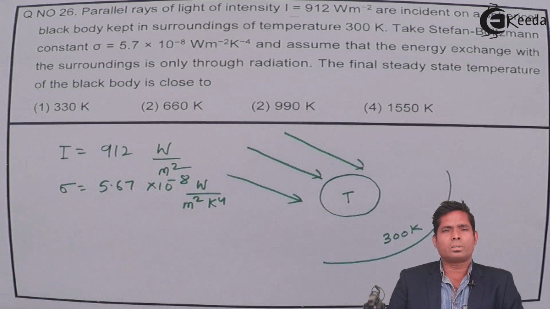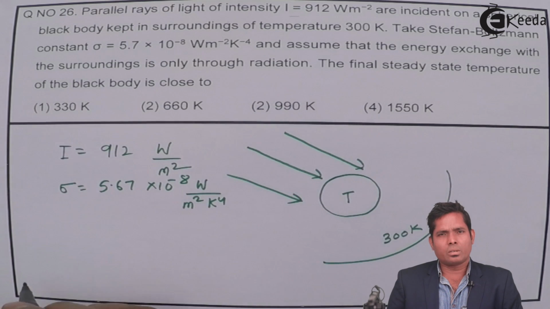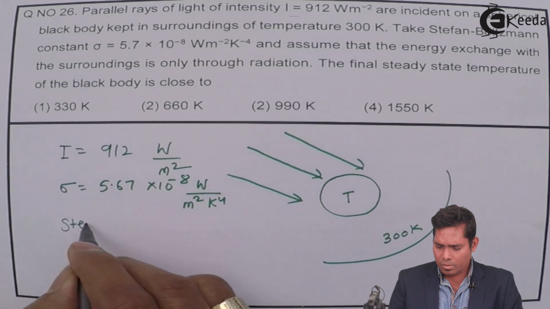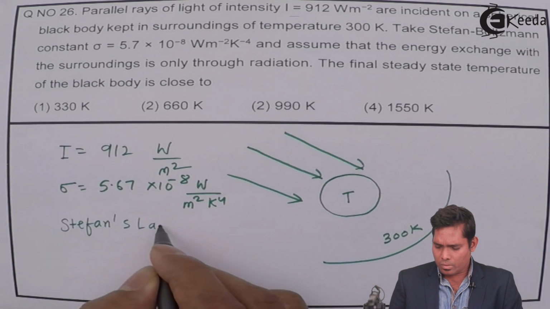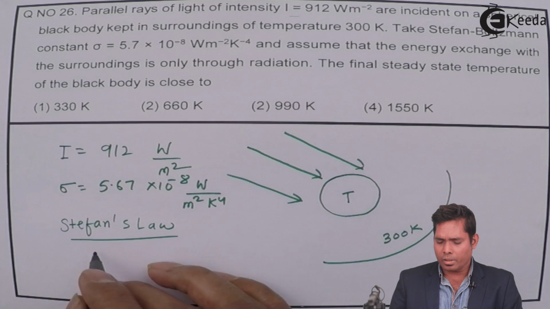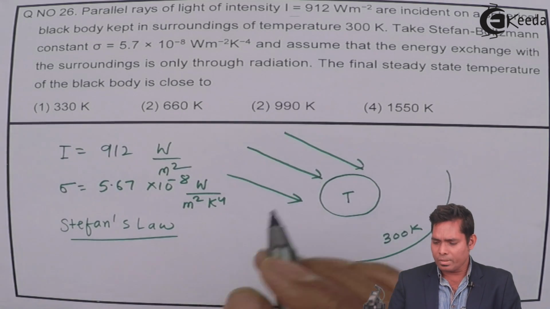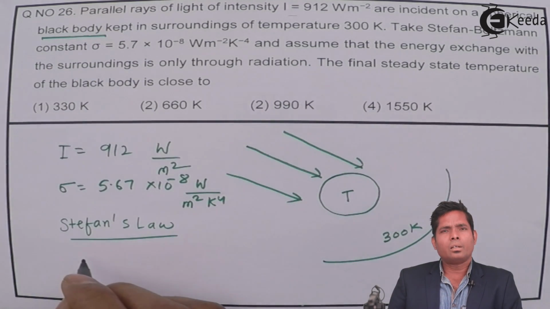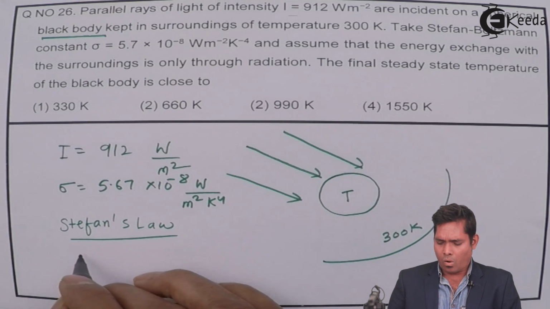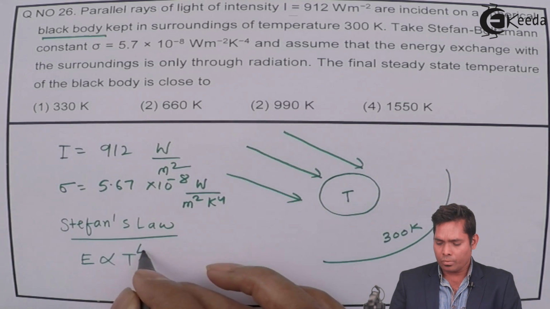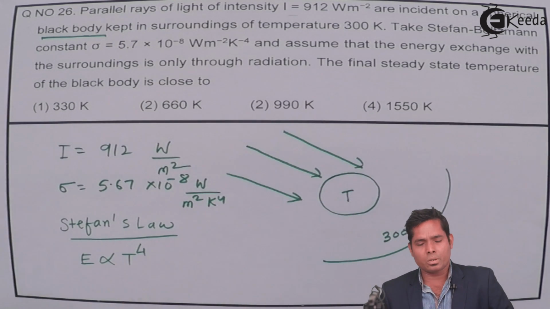If I want to find the temperature, I have to use Stefan's law. Stefan's law for a black body says that the emissive power of the body is proportional to the fourth power of its absolute temperature.